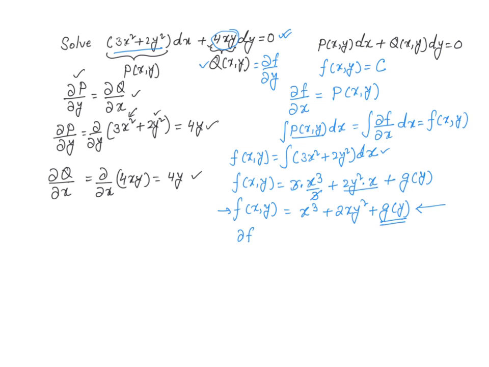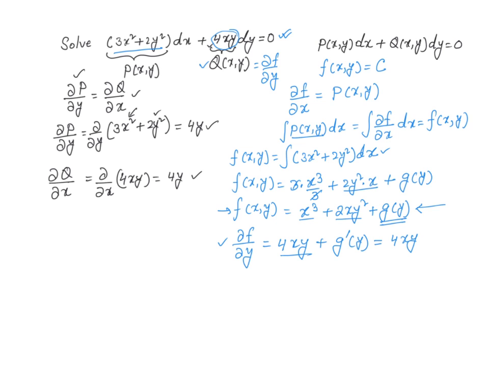The derivative of x³ with respect to y is 0. The derivative of 2xy² is 4xy, plus g′(y), because g is just a function at this point. And that must be equal to Q(x, y), which is 4xy.